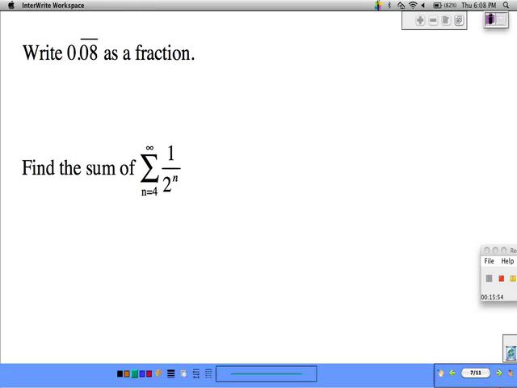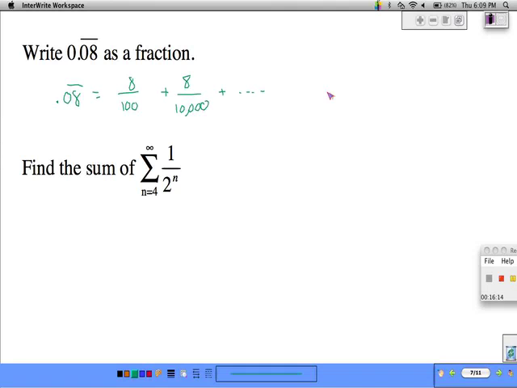Now we're going to write a repeating decimal as a fraction. 0.08 repeating is equal to 8 over 100 plus 8 over 10,000 plus so on and so on.